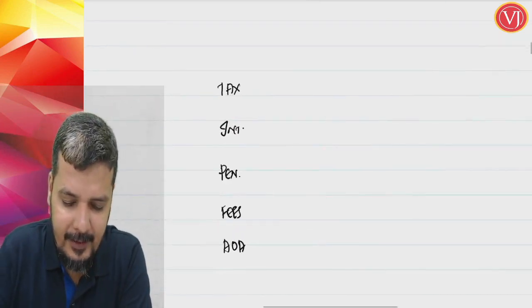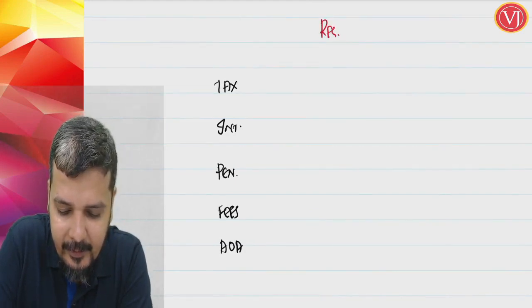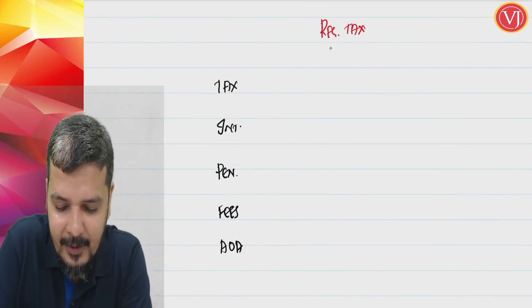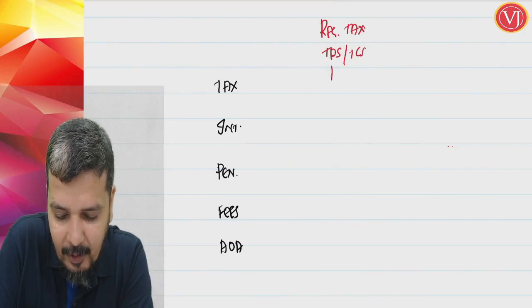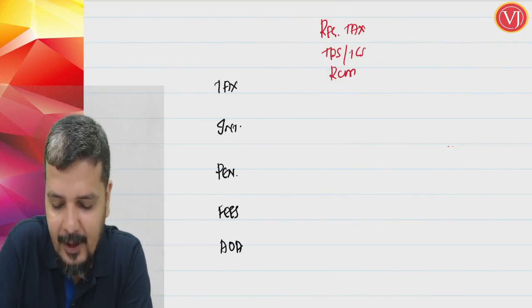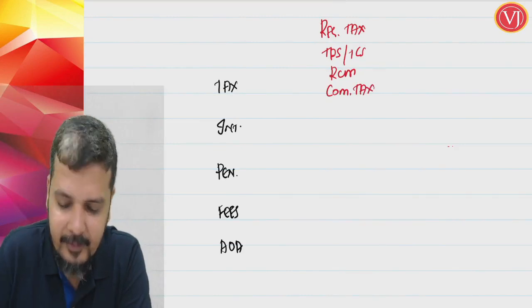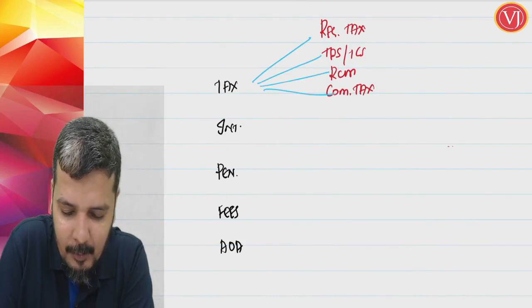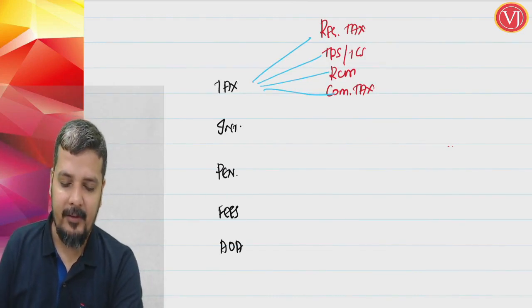I'll further categorize tax as my regular tax, or as TDS or TCS, or as RCM tax or composition tax. So the further bifurcation of tax can be your normal output tax, or your TDS, TCS, or RCM or composition tax.